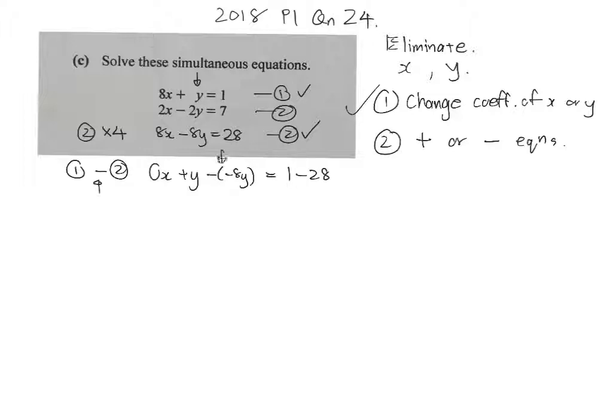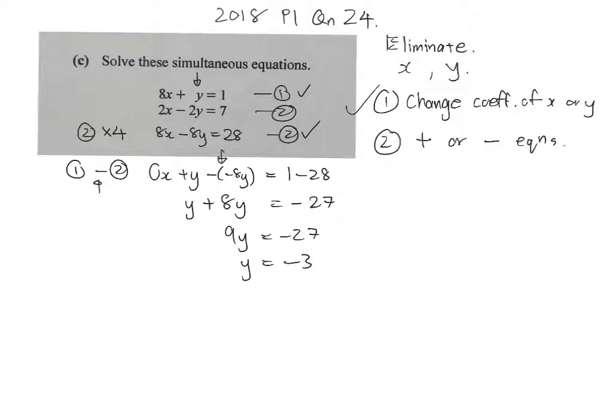So this part that I was telling you to be careful of, double negative, you get positive. So y plus 8y equals, no, I mean the right hand side, negative 27. Hence you add this up and you realize that I have eliminated one variable. That's the point. That's why it's called elimination. Minus 27, so y is negative 3.